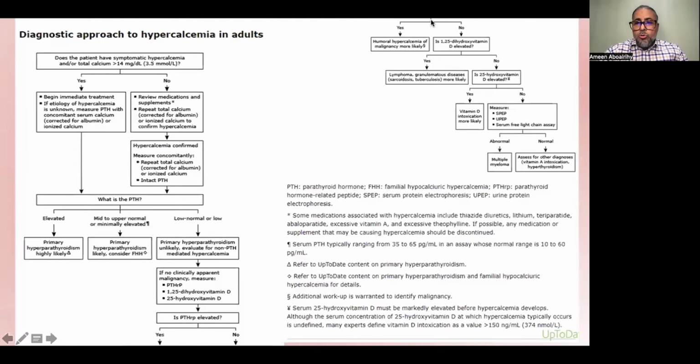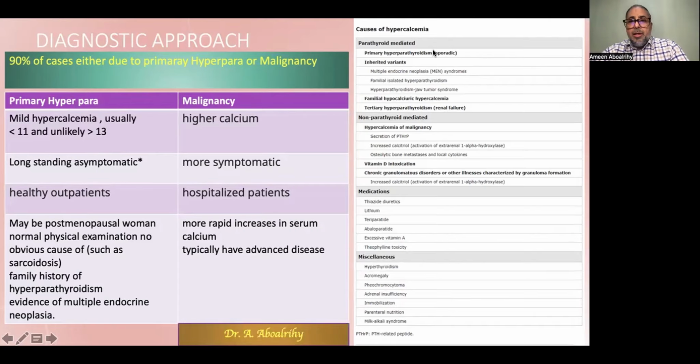When we go to the causes of hypercalcemia, we could again classify them into parathyroid-mediated, like the primary hyperparathyroidism we just mentioned, and familial hypocalciuric hypercalcemia, which we'll talk about very briefly in the coming slides, and tertiary hyperparathyroidism in renal failure.